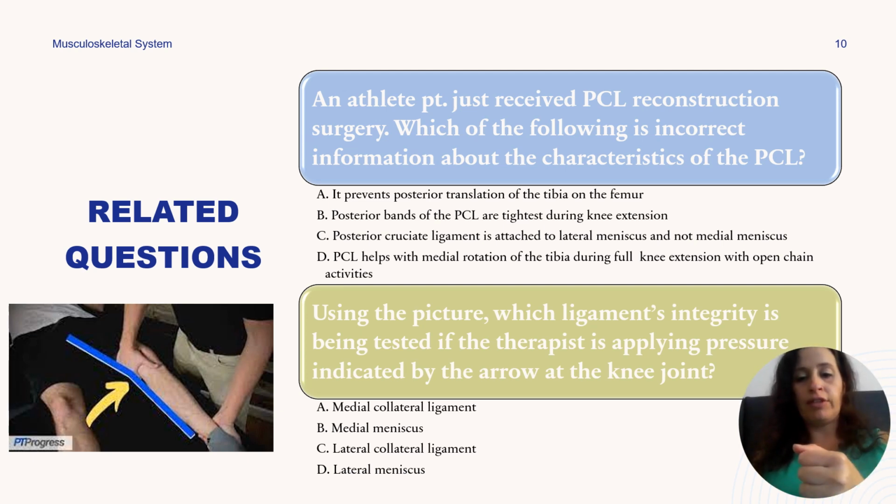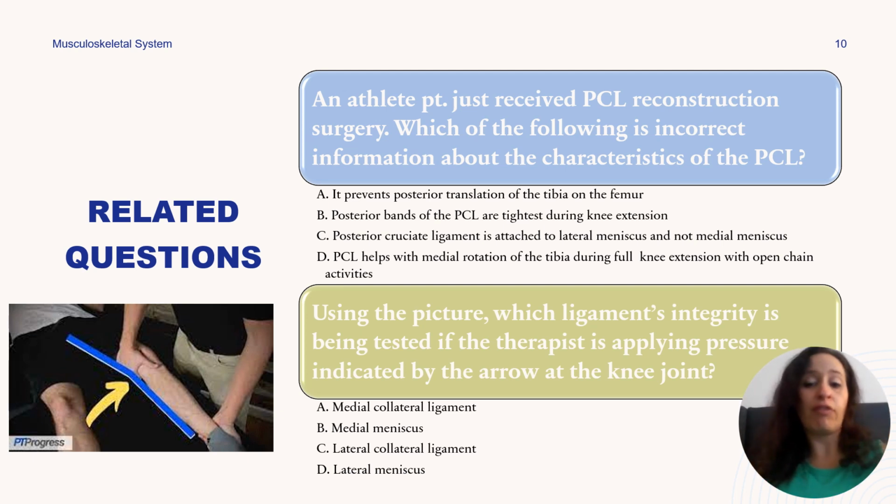Medial rotation would be opening it up, and lateral rotation towards the outside would be locking it in extension. So actually the PCL helps with that lateral rotation. That one is incorrect because it says it helps with the medial rotation, and that is not true. It helps with the lateral rotation or the locking, which is the screw home mechanism.